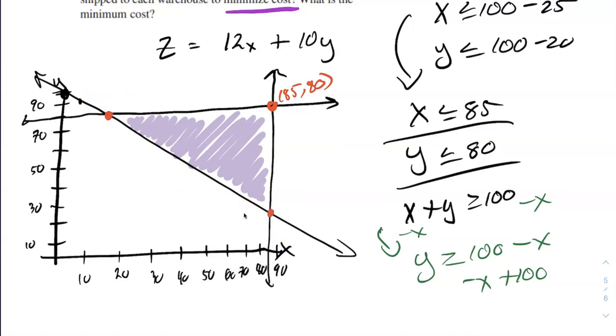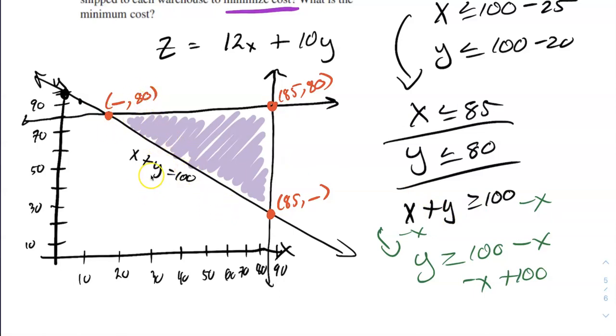On this one, I know the Y is 80. The one right here, we know that X is 85. How do I figure out what the other coordinate is? Well, don't forget there's an equation that connects to this, and that equation is X plus Y equals 100. That's the equation for this line.